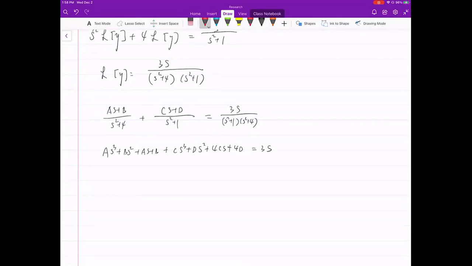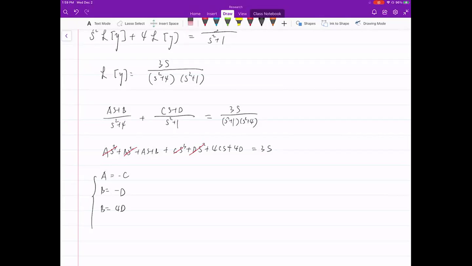Okay, that means A equals negative C. There's no s squared term, so B equals negative D. B plus 4D equals 0.